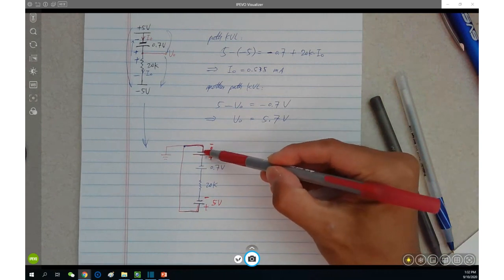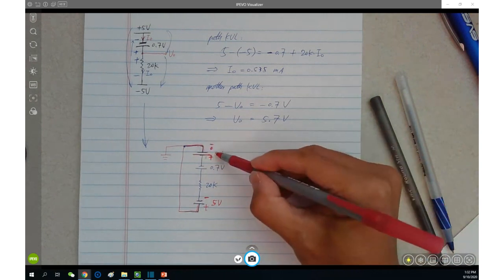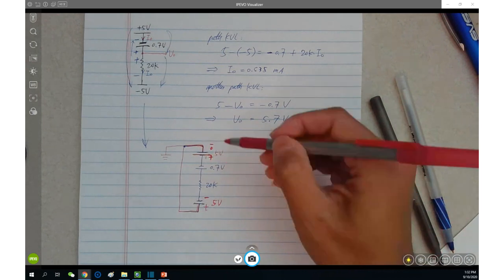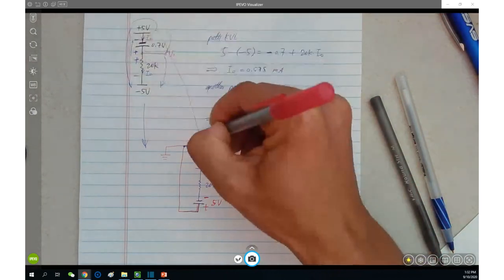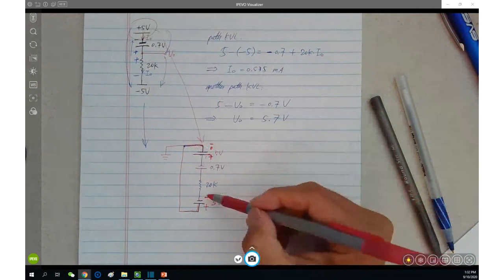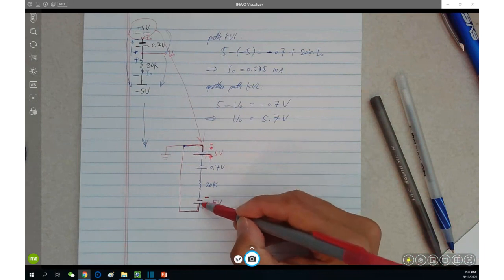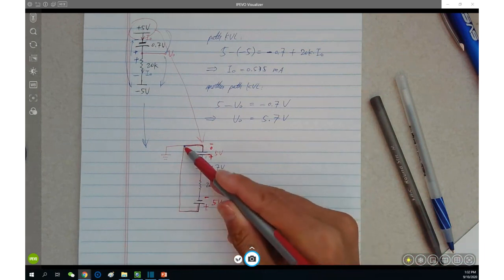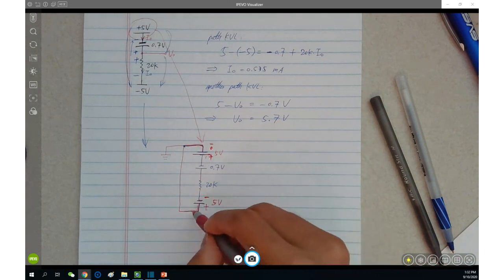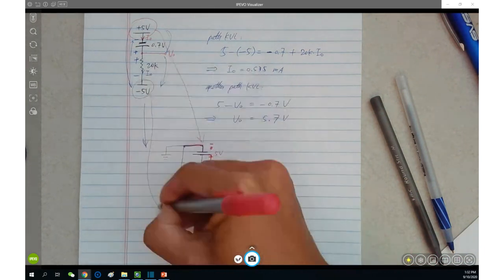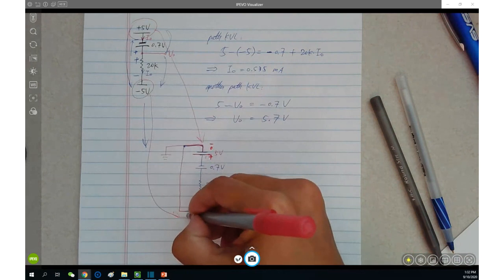Negative is here as the ground, and the magnitude is 5 volts. Therefore, this is equivalent to here. On the bottom, the negative is feeding the rest of the circuit with negative terminal polarity. Positive polarity here is shorted to the ground. So this is how we deal with it here.